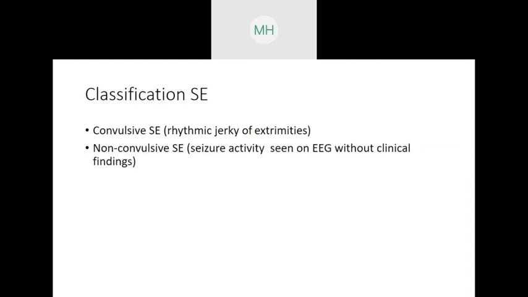Another type of classification is convulsive status epilepticus, where we can see jerky movement of the limbs, and non-convulsive status epilepticus, which we can only detect by means of the EEG.